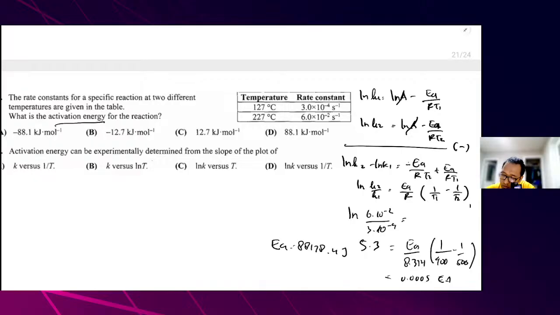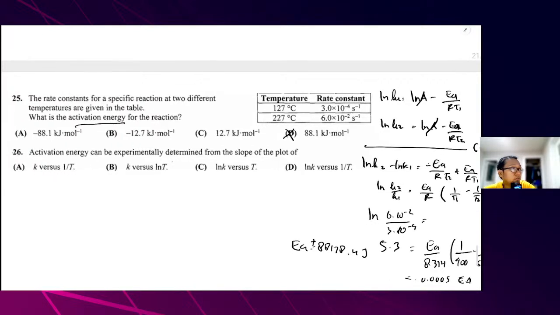This is minus, right? So the answer will be plus. Okay, good. So it will be T for the answer to number 25.